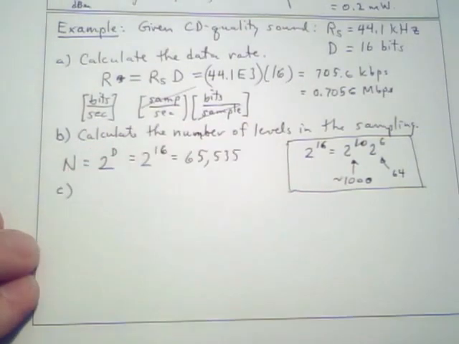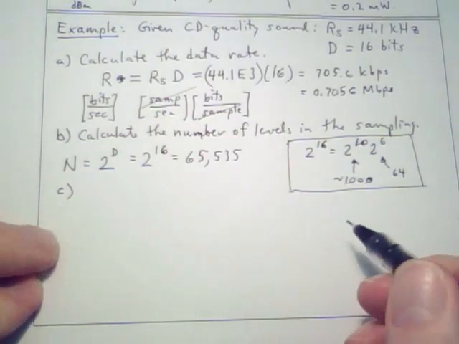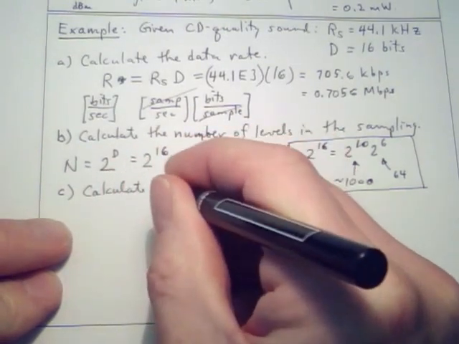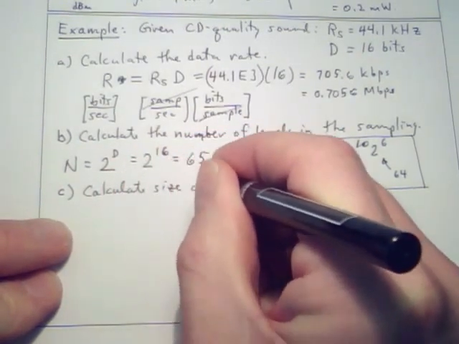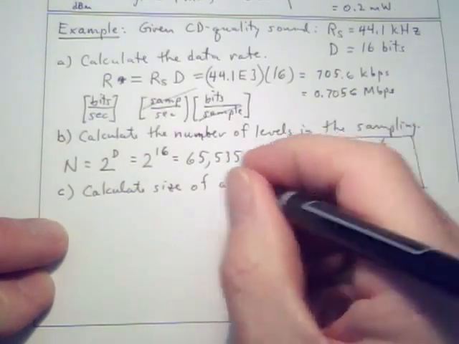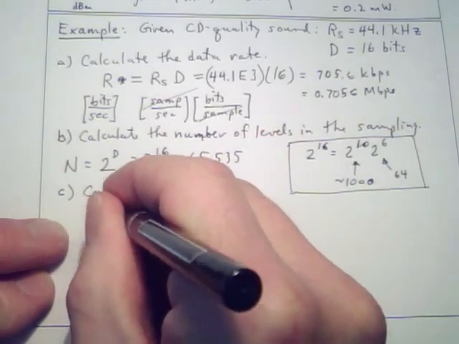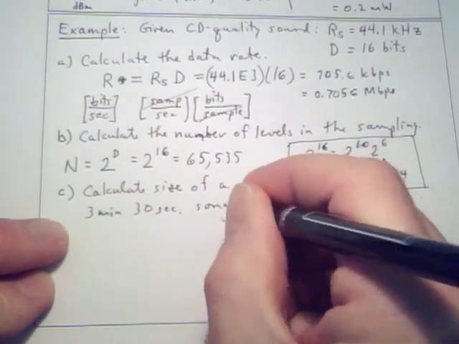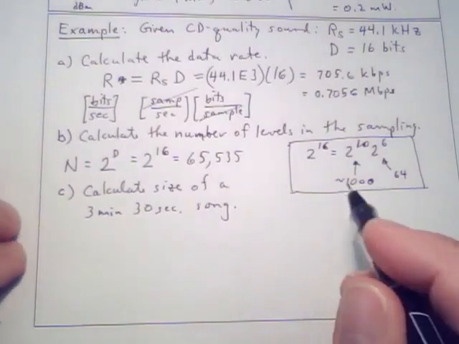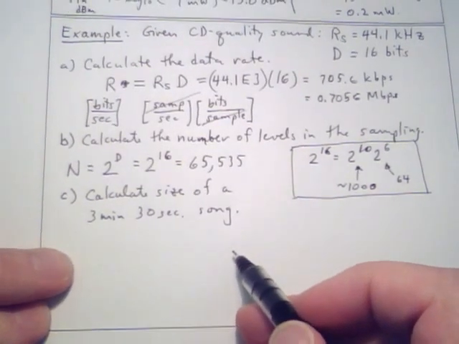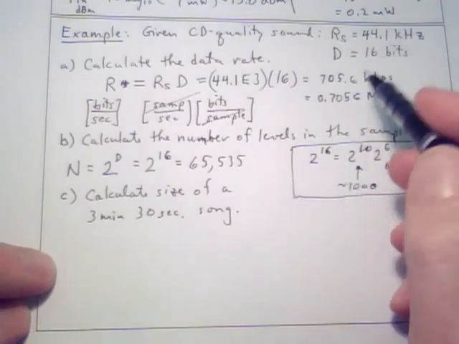Part C, let's calculate the size of a 3-minute 30-second song. This will be an uncompressed size and will be the size of what would be called a WAV file, generally speaking.